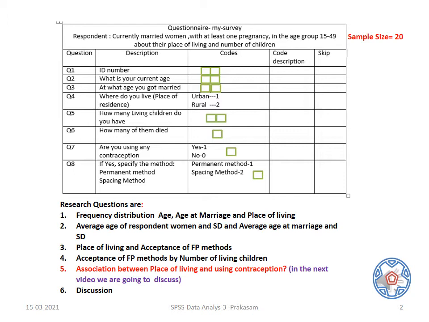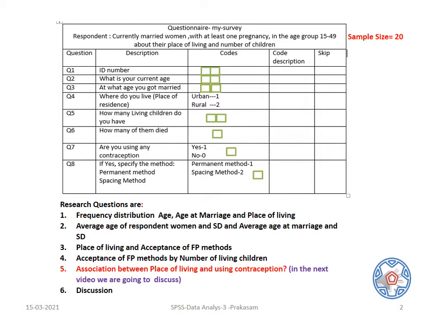As we discussed earlier, frequency is the number of times an event occurs. They also want to calculate the average age of the respondent and standard deviation, and the average age at marriage and standard deviation, place of living and acceptance of family planning methods.